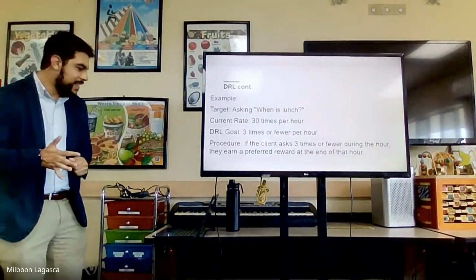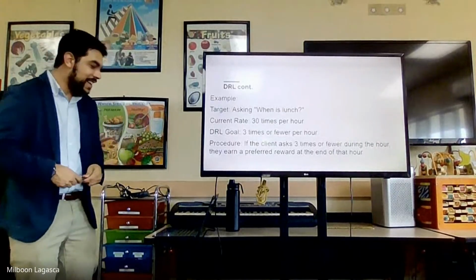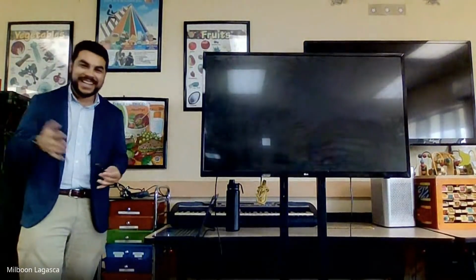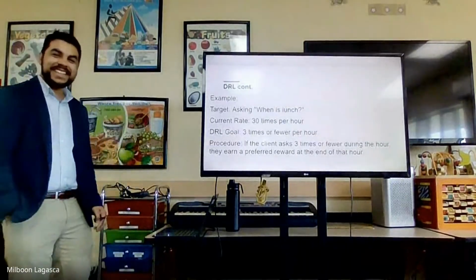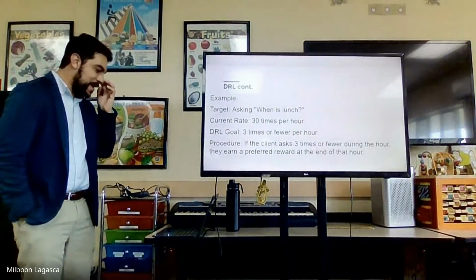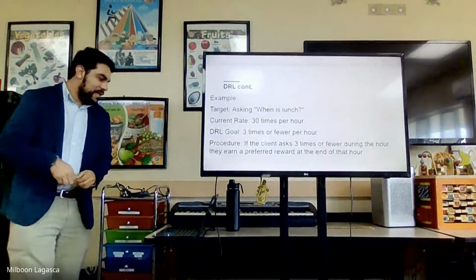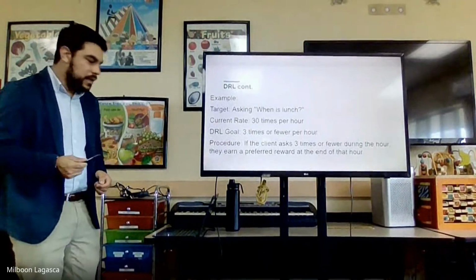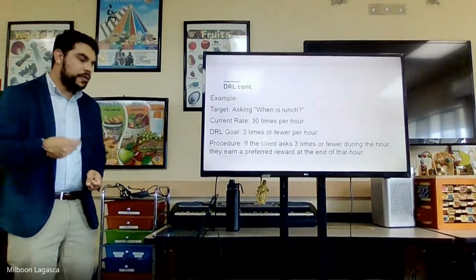This is, I think, one example that is a little common, especially in this room: a client constantly asking, when is lunchtime? Let's say it's happening at an abysmal rate, 30 instances per hour. So then you make the DRL goal to reinforce 3 times or fewer per hour.